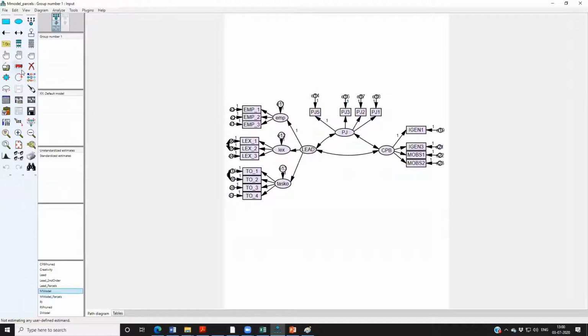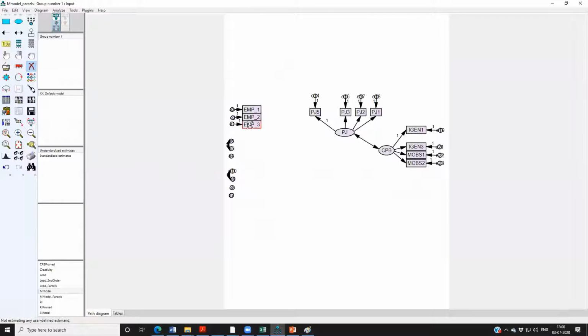Now in this I will delete this construct because I am not going to use all of this. What am I going to do?